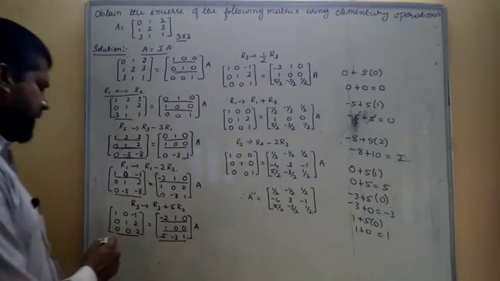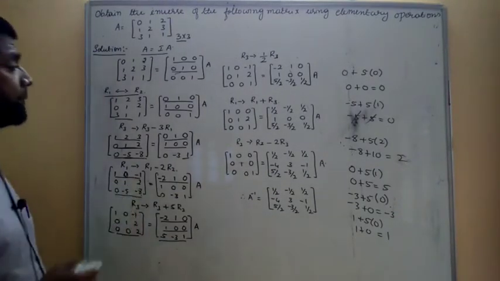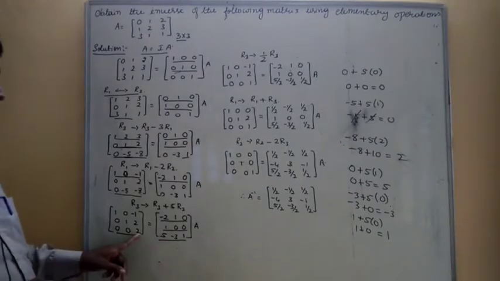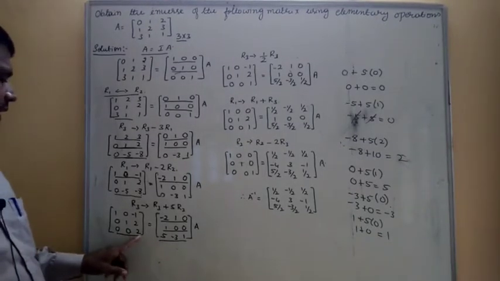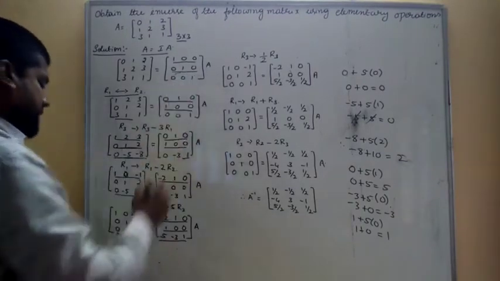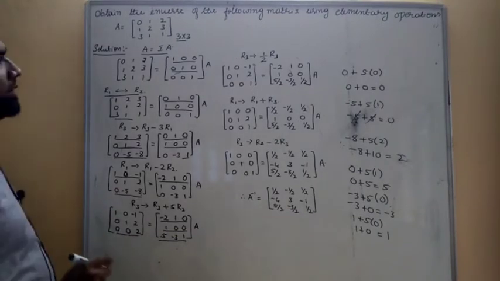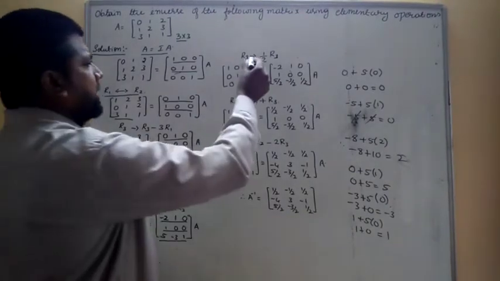So if you observe here, in the third row we got 0, 0 and 2. So we want 1 in the third row, third element. In the identity matrix, the third row is 0, 0, 1. So to make this 0, 0, 1, let us change R3 to 1 by 2 times R3.